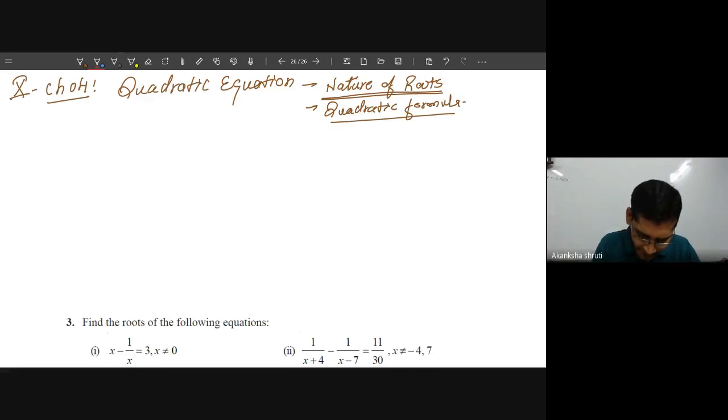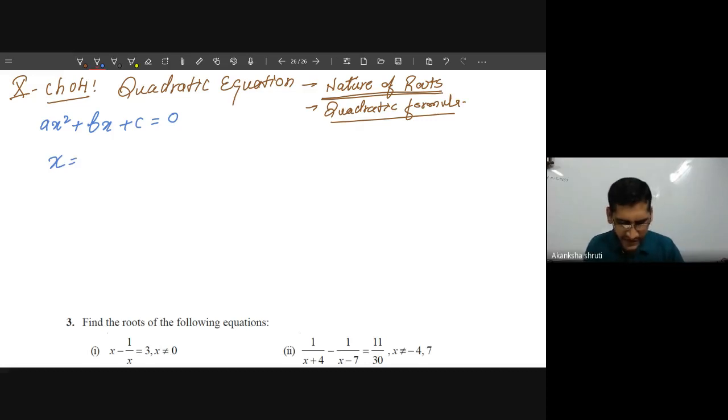Our quadratic formula that we have learned: for any quadratic equation in standard form, ax square plus bx plus c equals 0, the value of x can be calculated by knowing the coefficients of x square, x, and the constant term.